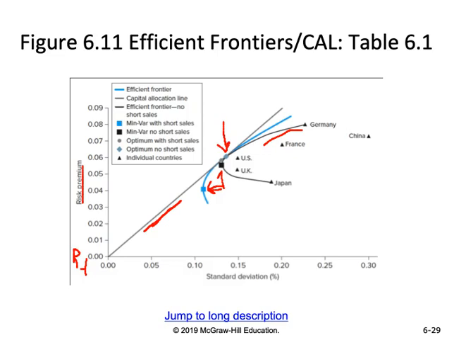So the black line again is no short sales. That's with no short sales. So this little blue diamond here is the optimal portfolio because it's a point of tangency. The tangency line that I drew alongside this is tangent to this black curve, the efficient frontier line, at this point.